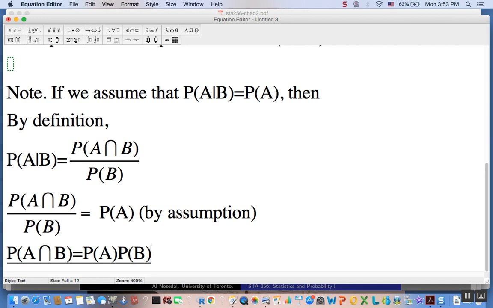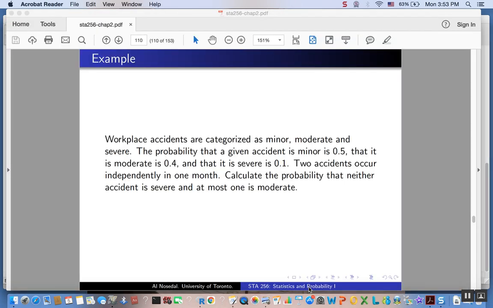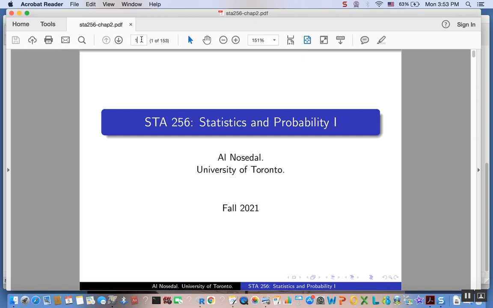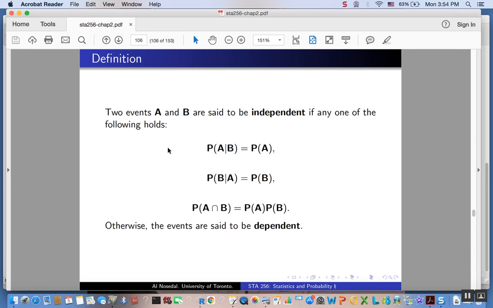So we were able to derive the third way of checking that events A and B are independent. You could do the same with the other one, right? So all of them are equivalent, and you need to check only one of them, not all three.